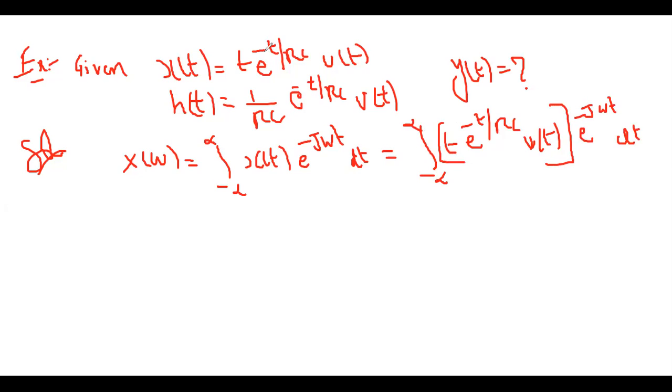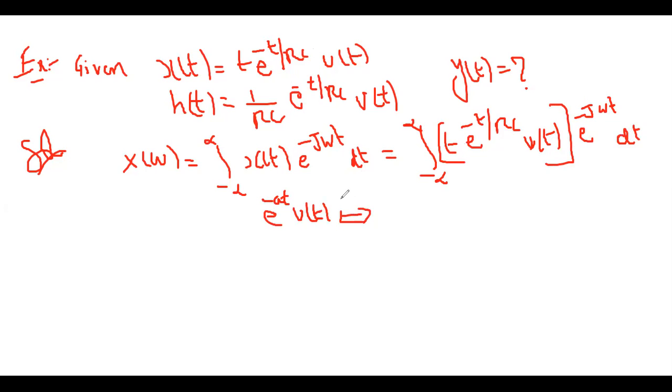Otherwise, directly you can use the Fourier transformation of e^(-at) u(t). Using the formula, you can solve to get X(omega).